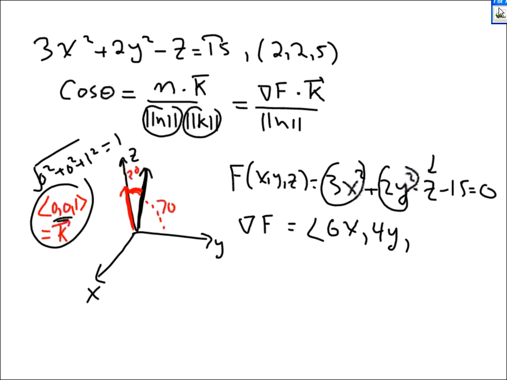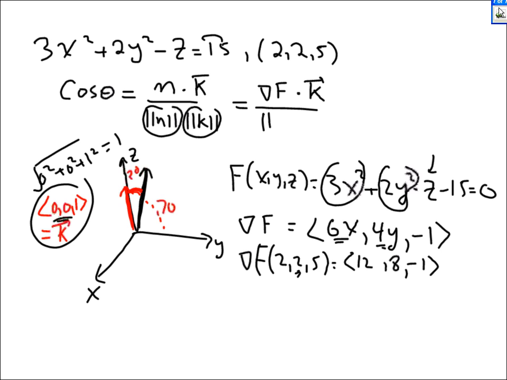And one term that has z. Its partial is negative 1. So now the gradient of f at (2, 2, 5), well, 6 times 2 is 12, 4 times 2 is 8, and negative 1. That's the gradient. Okay, well, we want the length of it as well. Actually, here I should have the length of the gradient.